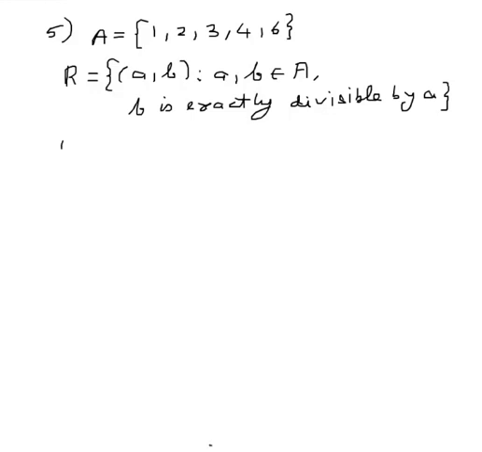Write R in roster form. So R is equal to a, b both should be in A and b is exactly divisible by a.